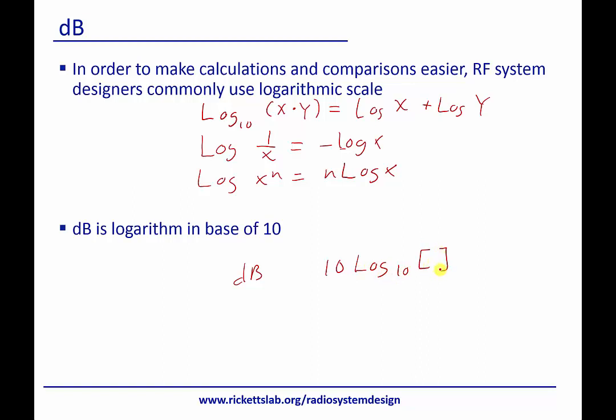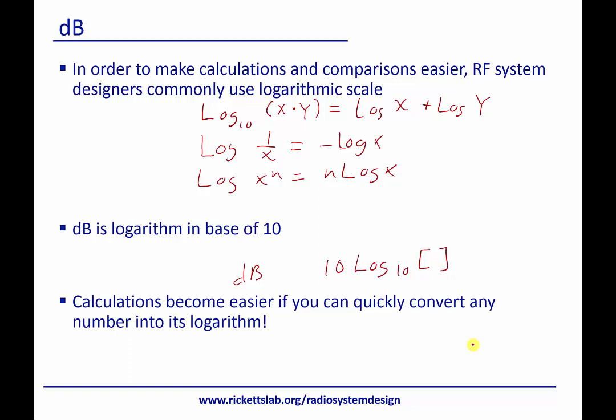We use 10 because in RF systems we're primarily dealing with power. In signals and systems you probably did a lot of work with 20 log, and that happens because those are voltages and currents rather than power. The reason we use logarithms is because it's an easy way to do calculations.